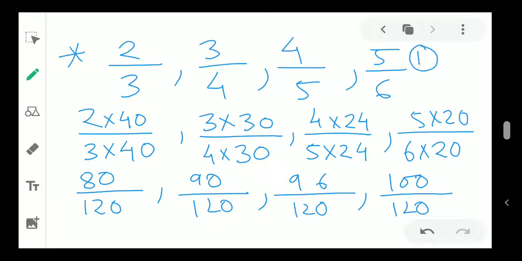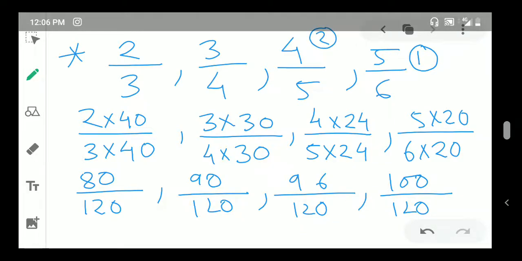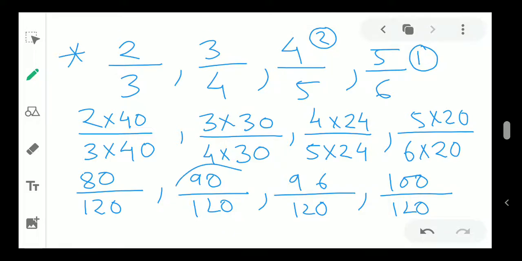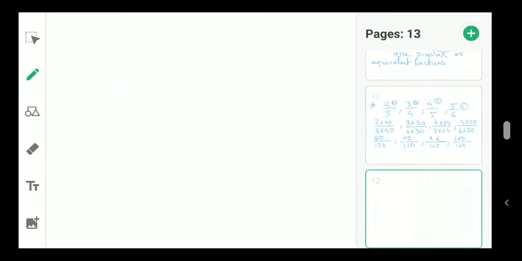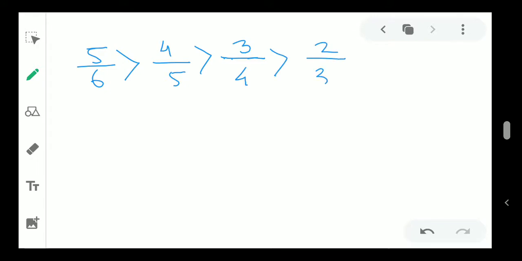Then we have this, so that is the second one, and then we have this, so this is the third one, and this is the fourth one. So now you can arrange them accordingly, with that ascending symbol. So you can write that 5 by 6 is bigger than 4 by 5, that is also bigger than 3 by 4, and that is also bigger than 2 by 3.